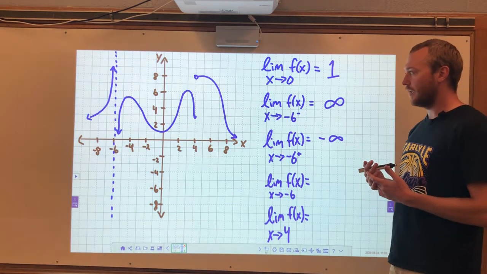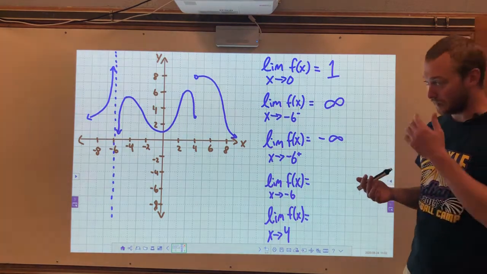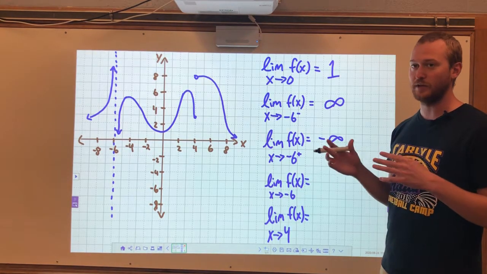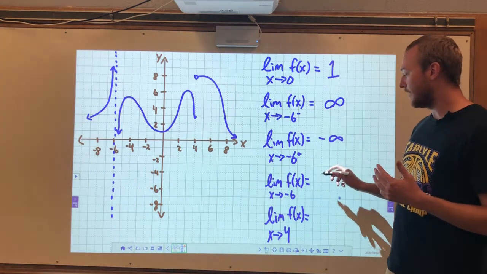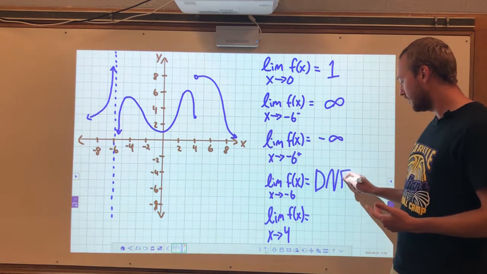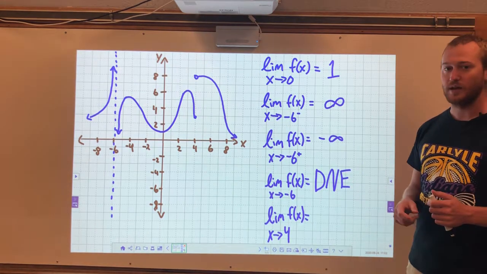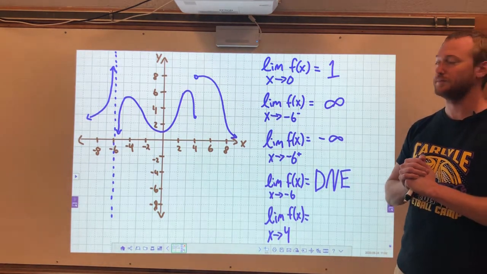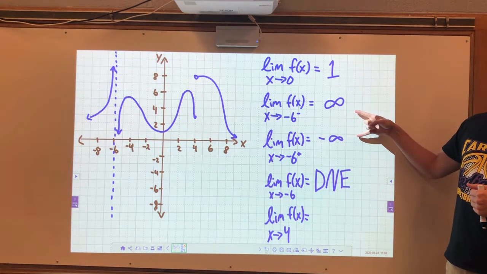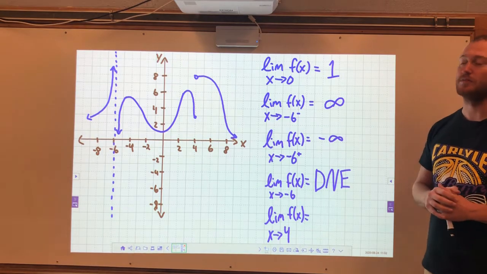And if you're approaching two different values, depending on which side you're coming from, that means the limit does not exist. There is no limit as x approaches -6, because it's a different value depending on which way you approach from.